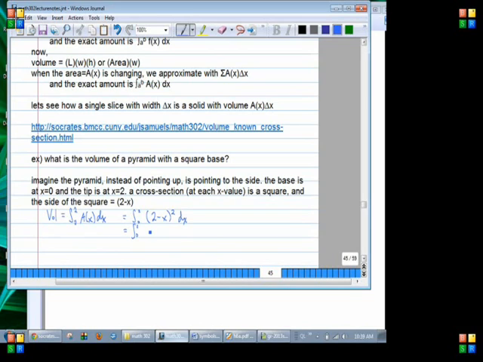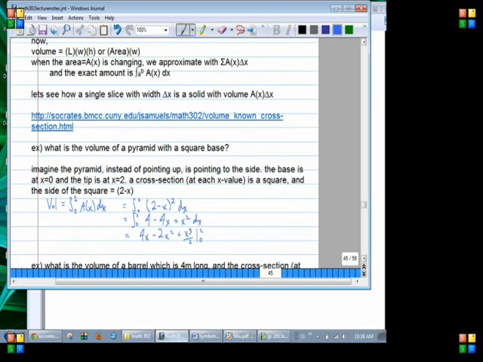Multiply this out, you get 4 minus 4x plus x squared dx. This will be 4x minus 4x squared over 2, so 2x squared, plus x cubed over 3, from 0 to 2.